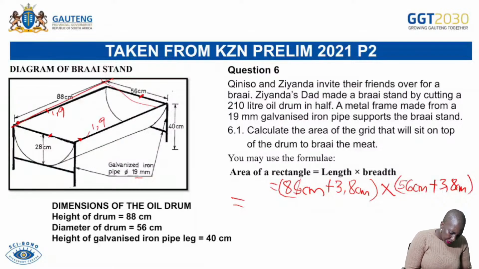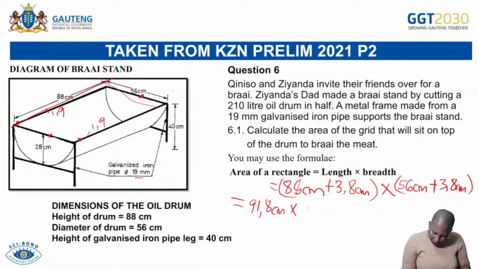It will give us 91,8 centimeters multiplied by what? 56 plus 3,8 centimeters. It will give us what?